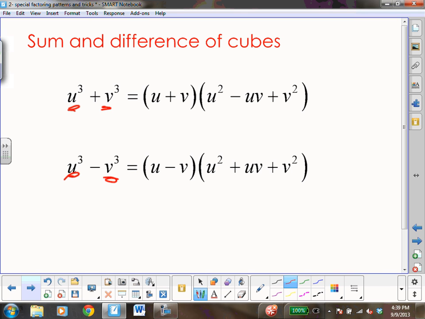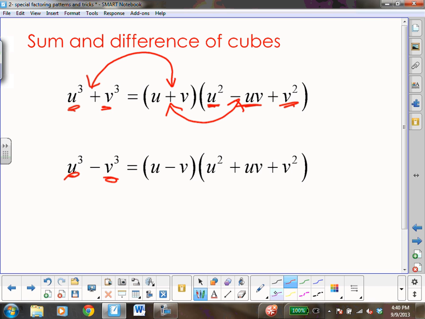It uses the cube root of the two numbers. If you have the sum of cubes, then you add the two terms that are cube rooted, and then you follow this pattern. Square the first term, multiply the two terms, and then square the second term. This sign here and this sign here will always be the opposite.